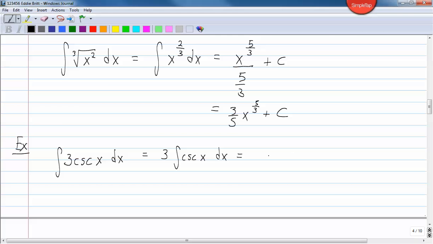The integral of cosecant is negative cosecant x cotangent x plus c. So that's equal to -3 cosecant x cotangent x plus c.